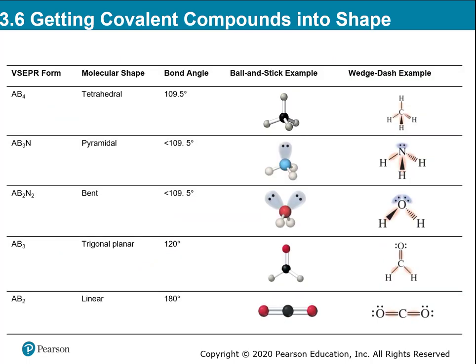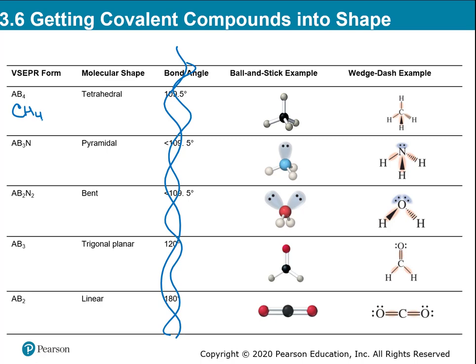So this chart, you do not have to learn bond angles. Do not worry about that, okay? But for this, you should know that AB4, that's a carbon with 4 single bonds, and it's always tetrahedral. An example for this one would be CH4. Second one is what happens with nitrogen.